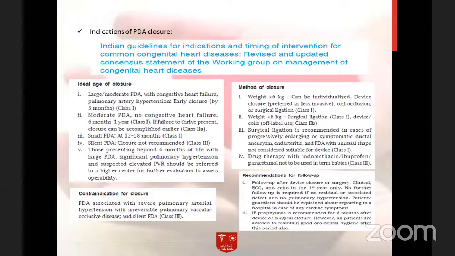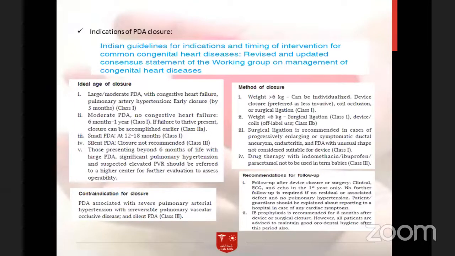The Indian guidelines recommended closing the PDAs with congestive heart failure in the first 3 months of age, closing the PDAs with failure to thrive without congestive heart failure in the first year, and small PDAs should be closed by the age of 12 to 18 months. Keeping in mind again that silent PDAs are not recommended for closure.